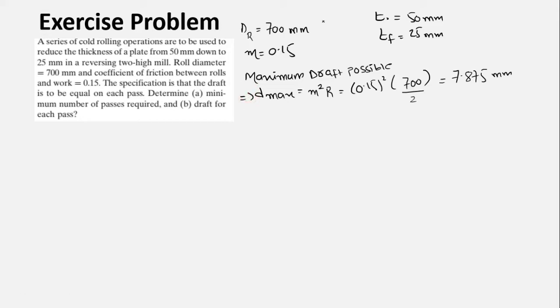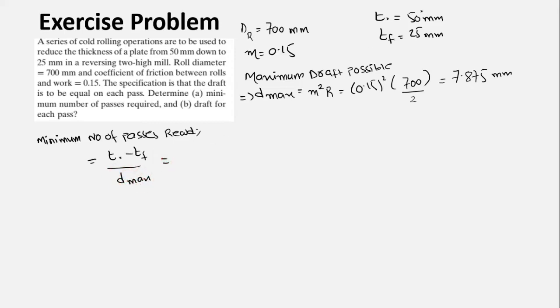Now we have to determine the minimum number of passes that are required. So the minimum number of passes required can be calculated as the total draft that we require, which is T naught minus Tf, divided by the maximum possible draft in each pass.